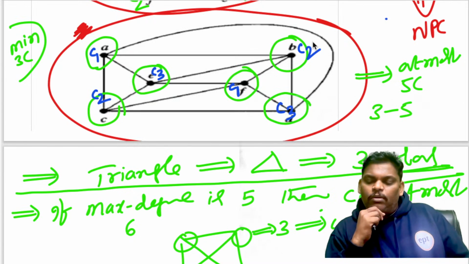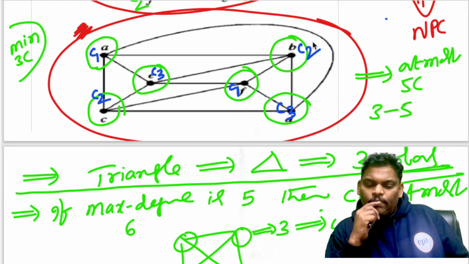If anyone got more than 3, or if anyone says 3 is not possible, let me know. There is no algorithm, manual checking only.